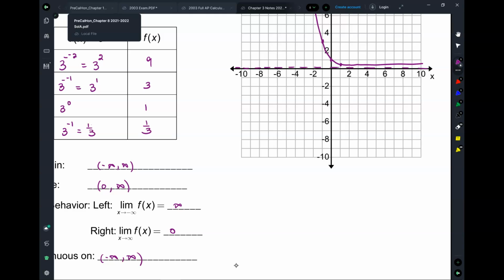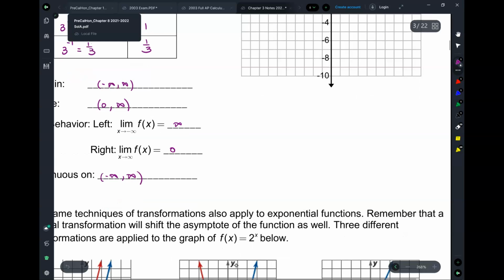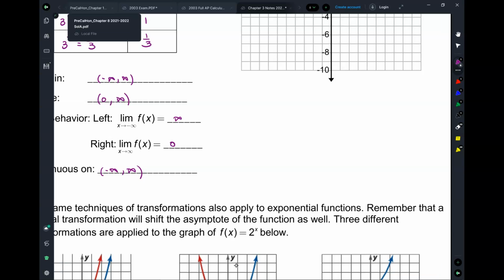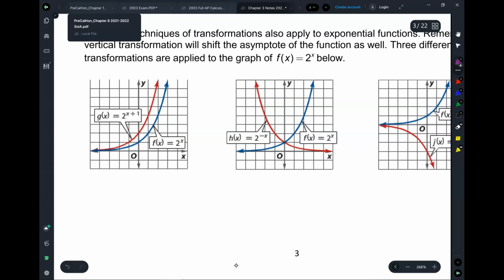You remember the transformations, right? How to move a graph to the left, right, up, down. All of those follow the exponential functions in exactly the same way. So, take a look here. This blue function is the original. It's 2 to the x.